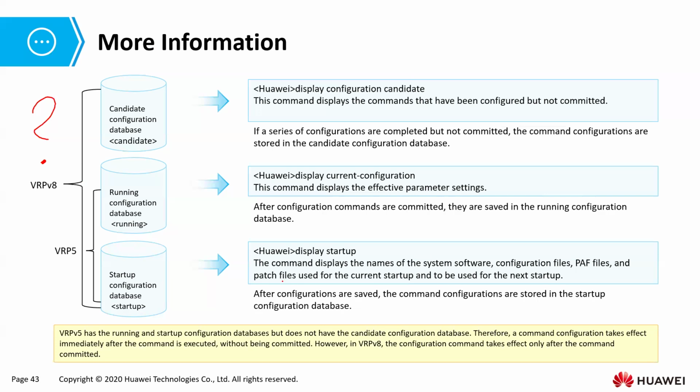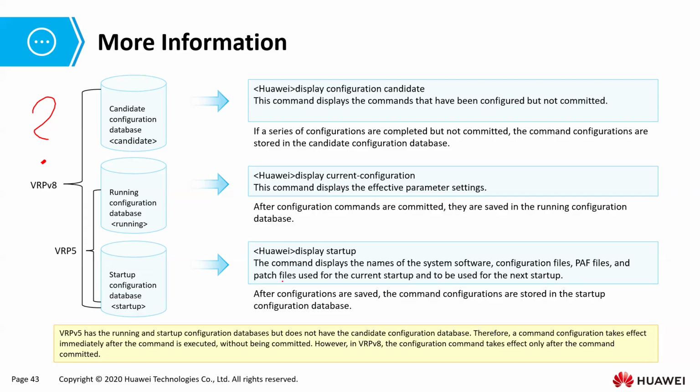Version 5 has the running and startup config databases, but does not have the candidate configuration database. Therefore, a command configuration takes effect immediately after the command is executed without being committed. However, in version 8, the configuration command takes effect only after the command is committed.